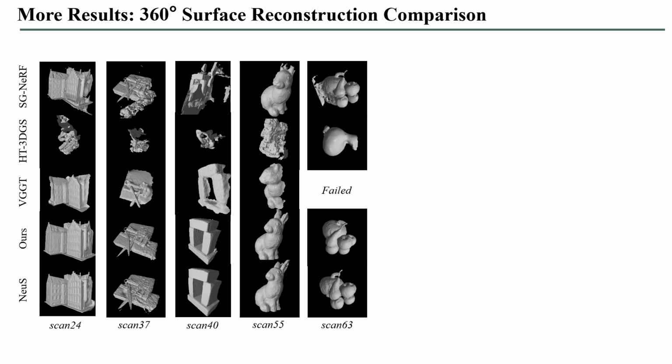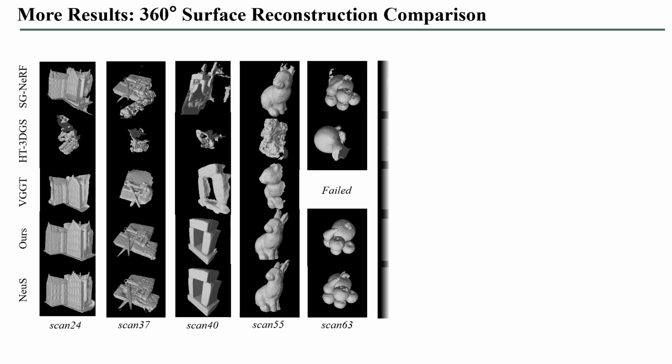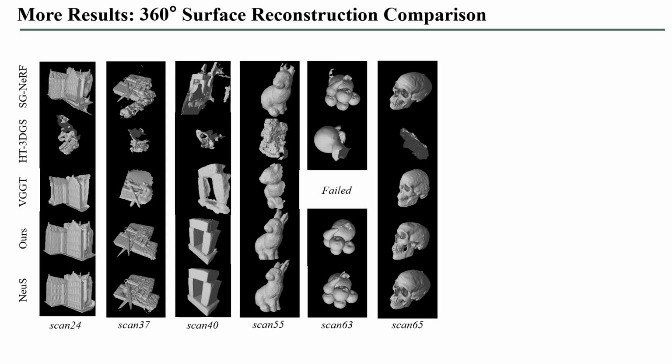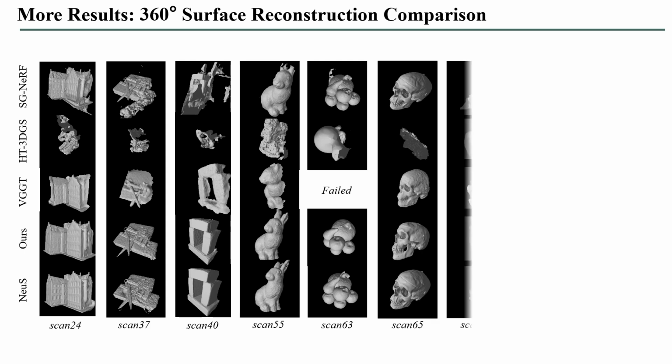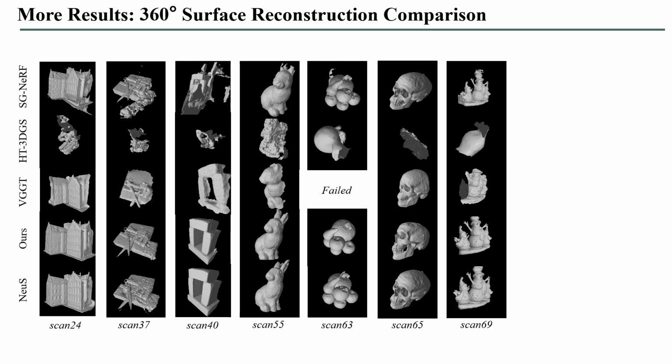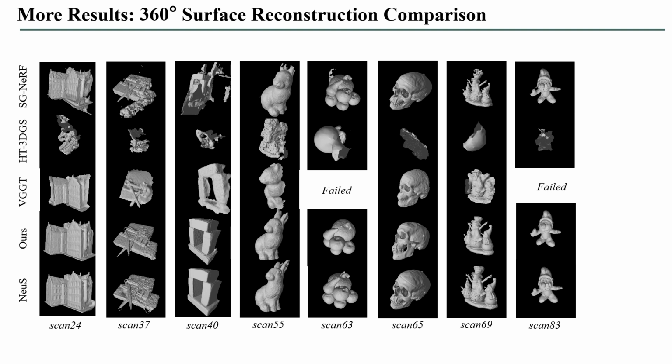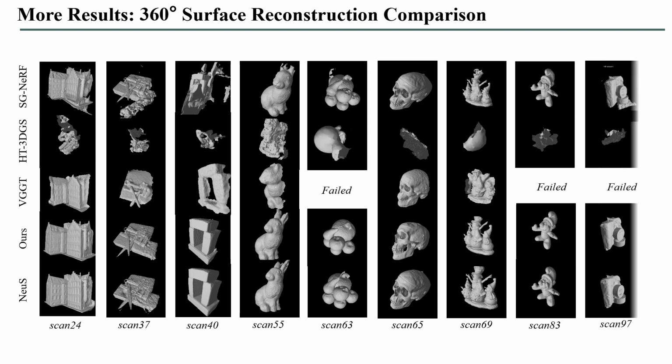Baselines often suffer from fragmented geometry, missing regions, or failed reconstructions. In contrast, our method recovers more complete and coherent meshes. Its quality is close to NeuS with ground truth poses, showing that our pose-free optimization can achieve strong surface reconstruction quality without relying on known camera poses.